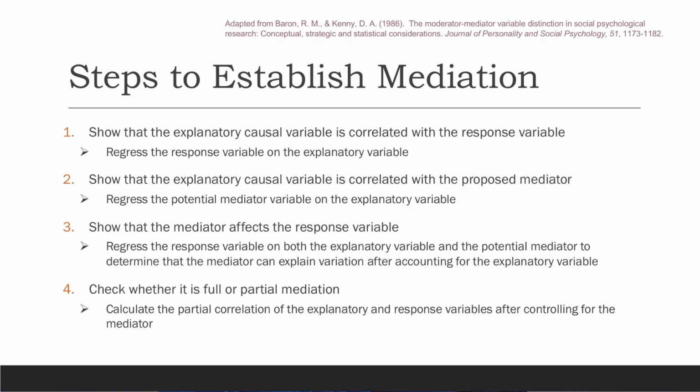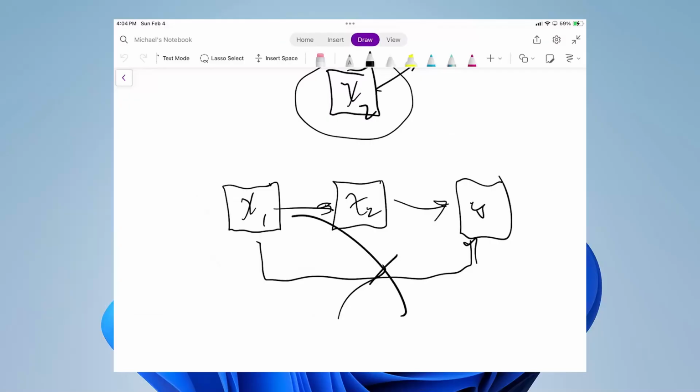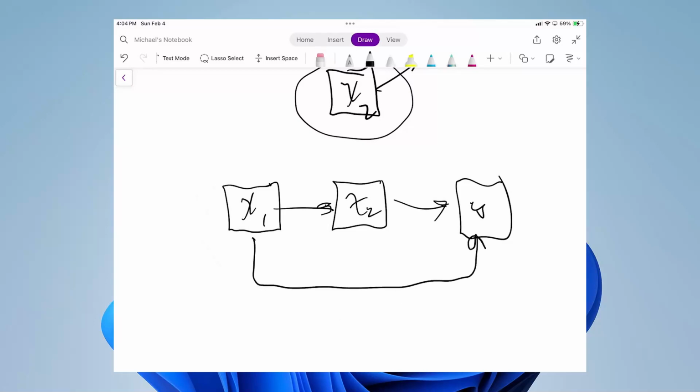Well, if we go back to my picture, let me clean it up a little bit here. All right, so there's the picture that I drew.